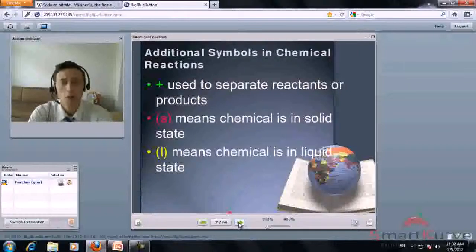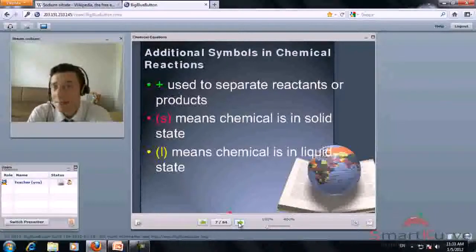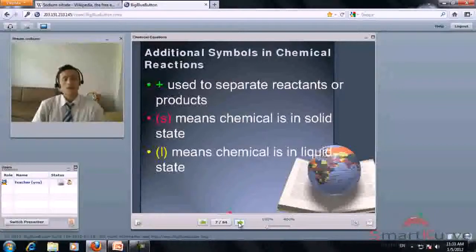Just quickly, a few more of the symbols we're going to use. The plus is to separate reactants and products. You've seen this symbol in your math class. It means addition. It basically means the same thing here in chemistry. S and L, we use these letters to show the state of the reactants or products. We know different states of matter: solid, liquid, and gas.